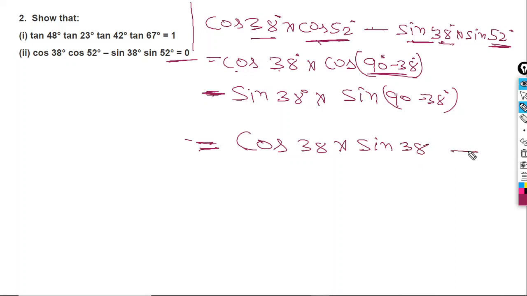Okay, minus. Here you can see sin 38, we'll write it as it is, sin 38. And cos 38, we write it as it is.